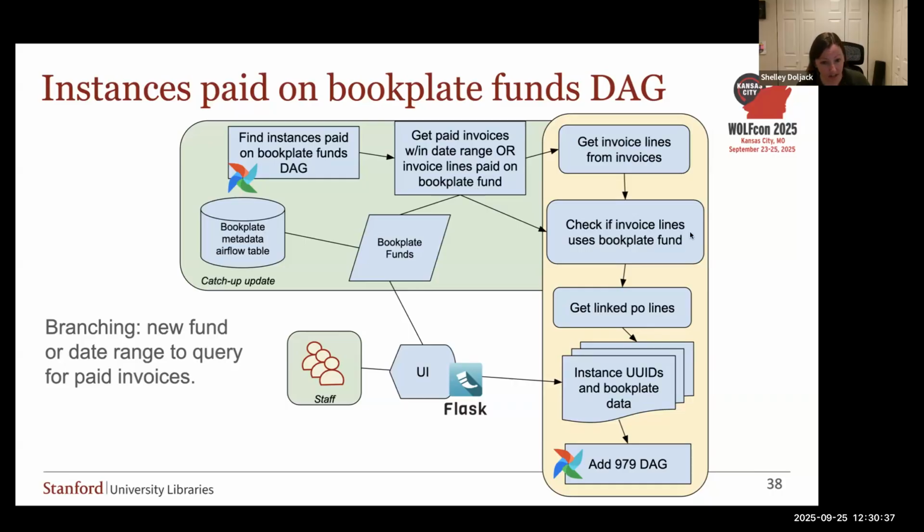And then it checks if invoice lines use a bookplate fund, gets the linked PO lines from the fund distributions and the invoice lines, and from the PO lines gets the instance UUIDs linked to them. The output of this DAG is the same data model that the UI outputs to trigger the add 979 DAG. And that data model is just an instance UUID with a list of bookplate data.